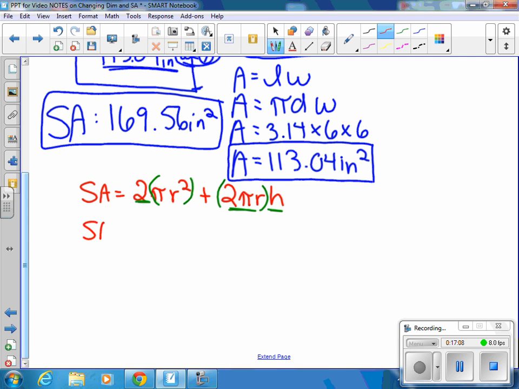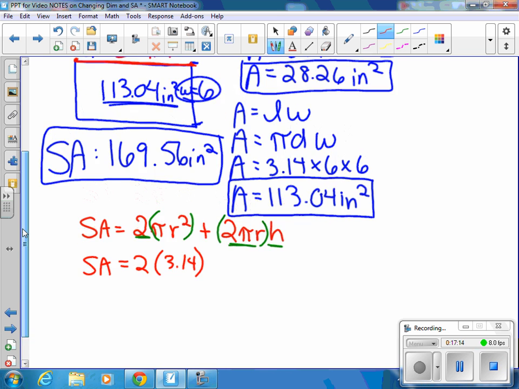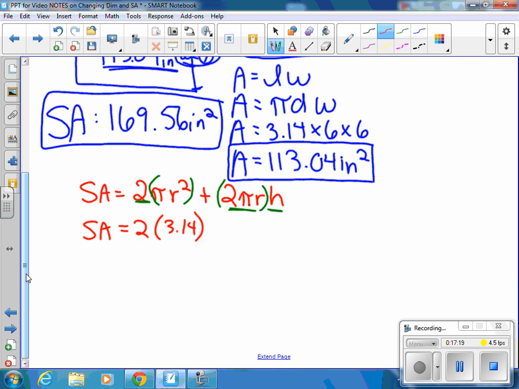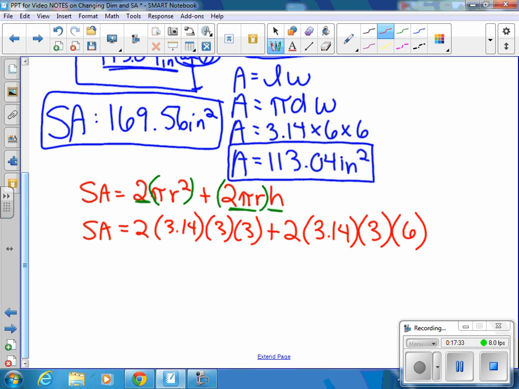So surface area is equal to 2 times 3.14 times the radius. We already said, let's look back up, the radius was 3. So times 3 times 3, plus 2 times pi, 3.14, times the radius, again 3, times the height, which was 6, the height of the prism.